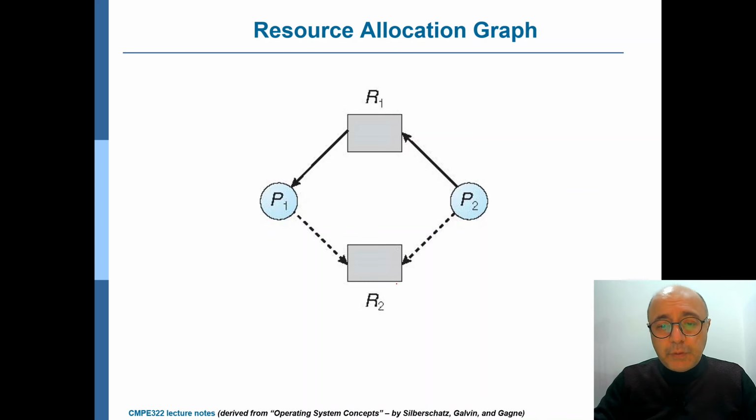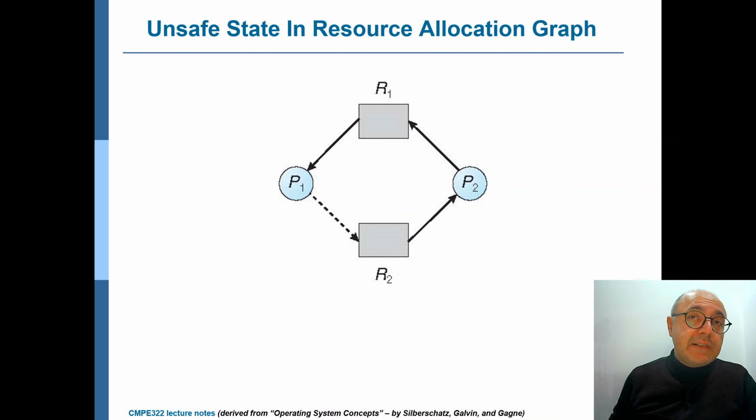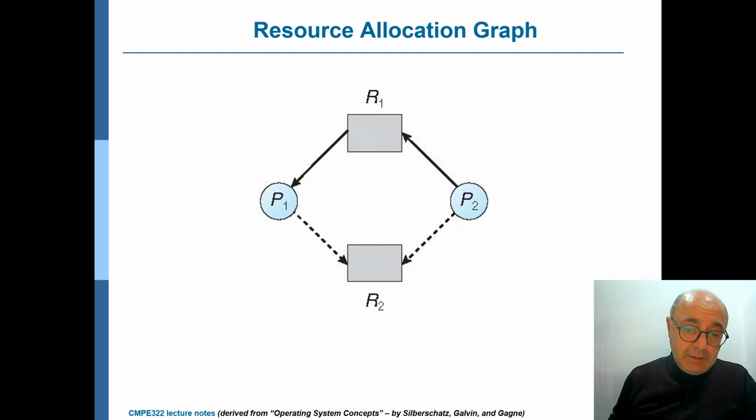So we have request edges, claim edges, and the assignment edges. For example, from P2 to R1, this is a request edge. From P2 to R2, it's a claim edge. And from R1 to P1, that's an assignment edge. So under these circumstances, if you assign R2 to P2 like this, once again, remember P2 could request R2 in the future.